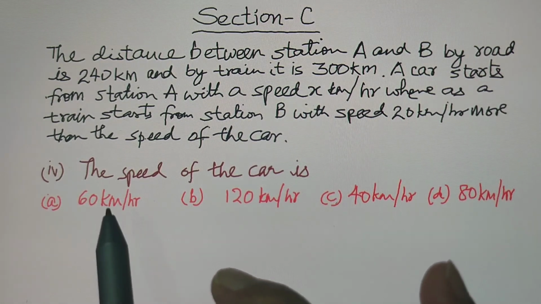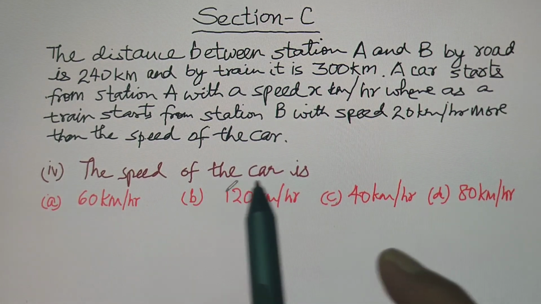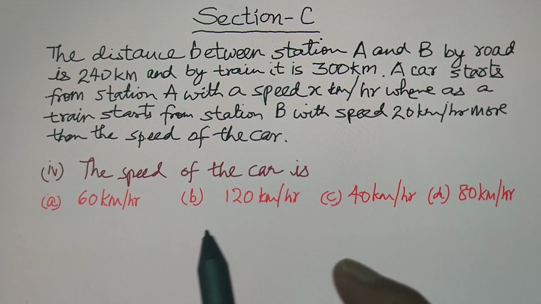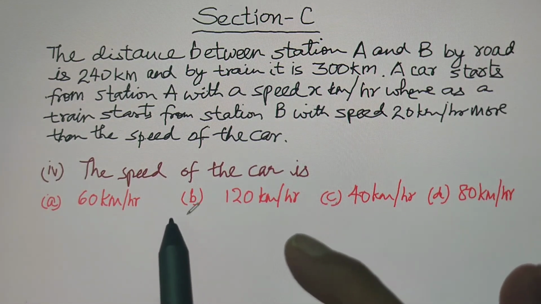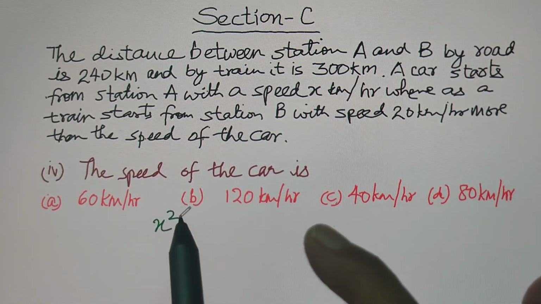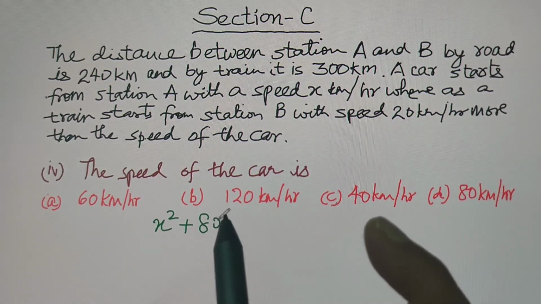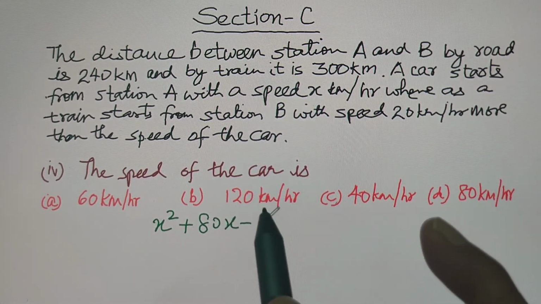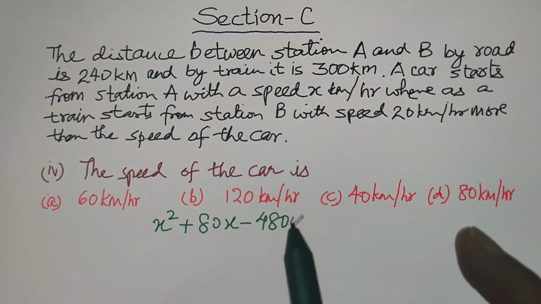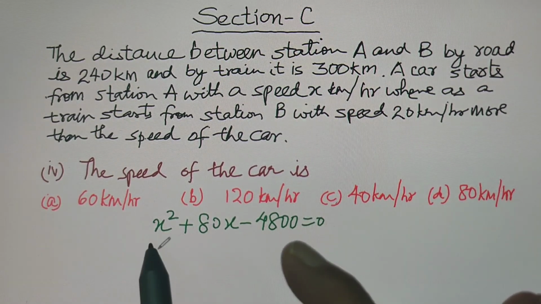We are here with the last part of the question, where we have to find the speed of the car, and that means we have to calculate the value of x. The quadratic equation so formed was x square plus 80x minus 4800. Now we are going to find the factors for it.